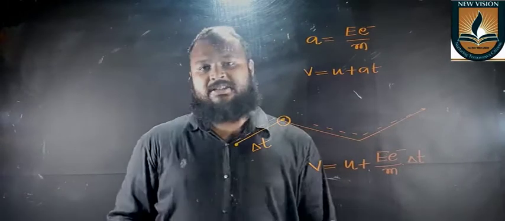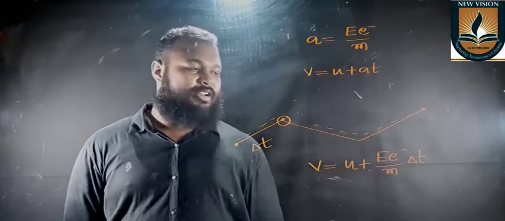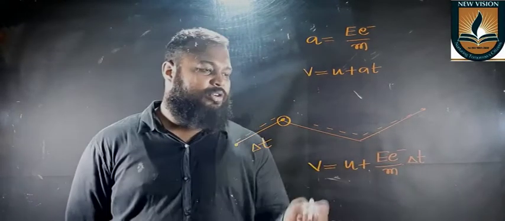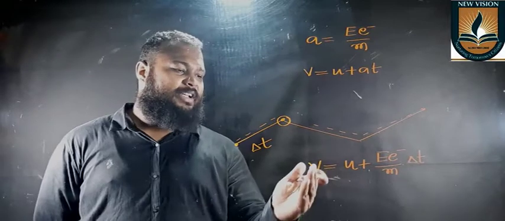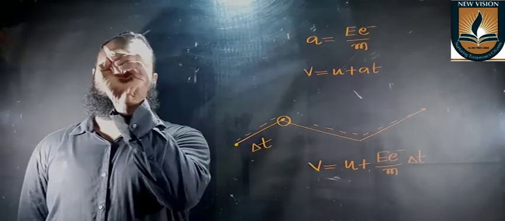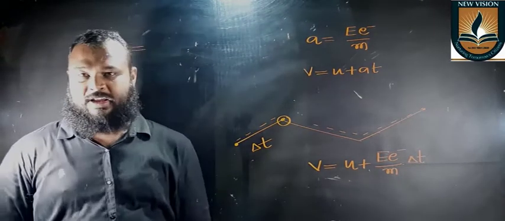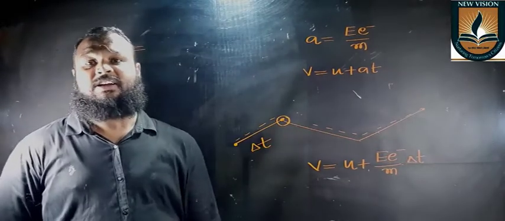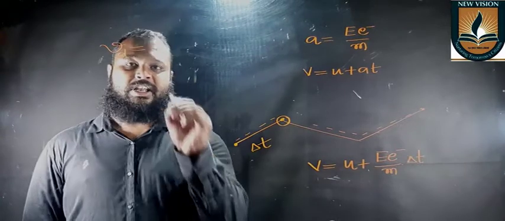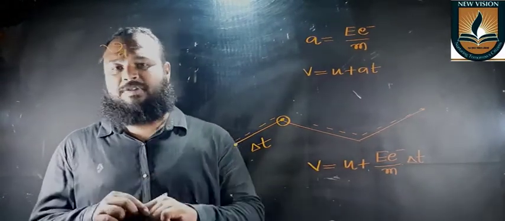Let's try and analyze the equation. So v is the final velocity, u is the initial velocity, this is the acceleration and time is delta t. Now what I am going to do is take the average of each and every term. When you take the average of the final velocity, that turns out to be the drift velocity. So the final velocity reached or gained by the electron after time is called drift velocity, and u is the initial velocity of random motion of the electron.